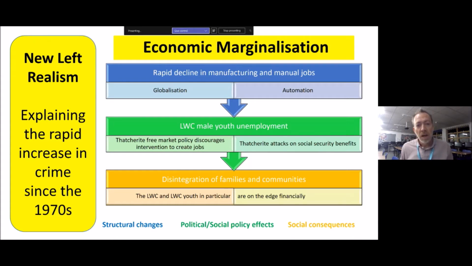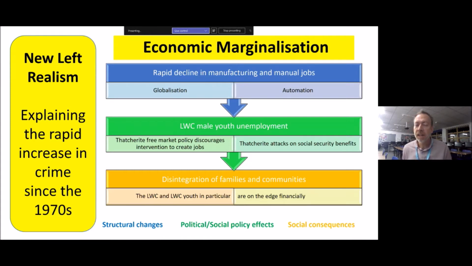insecure work. So at the same time this was happening, we've had a change in social policy. So we have laissez-faire economics, which means that governments from a right-wing perspective don't intervene to create jobs. They let things happen. And then there's a tax on social security benefits as well.